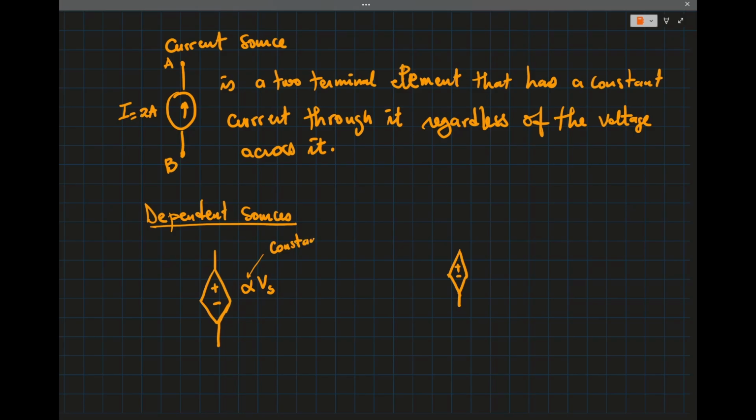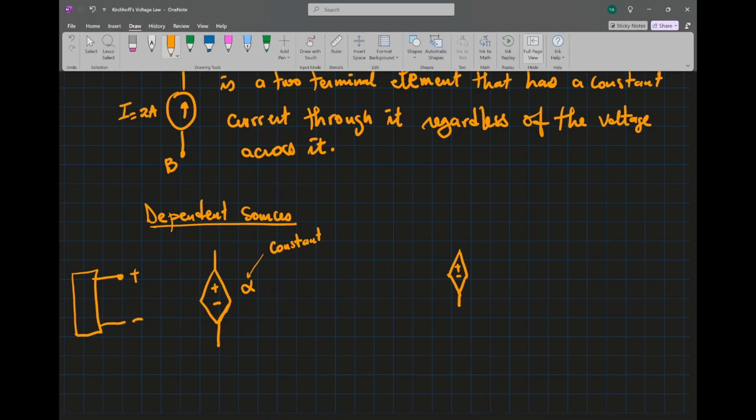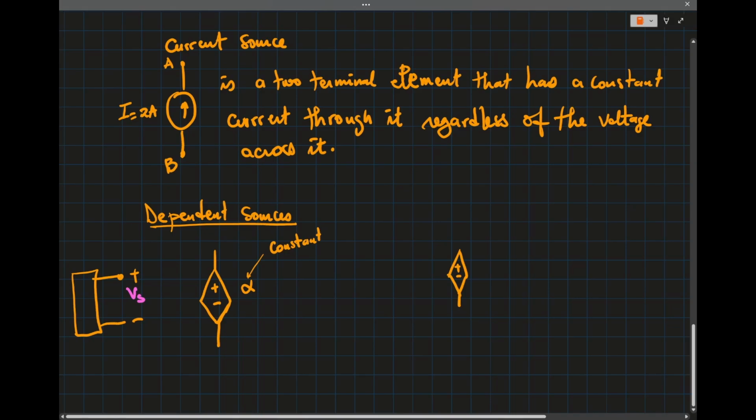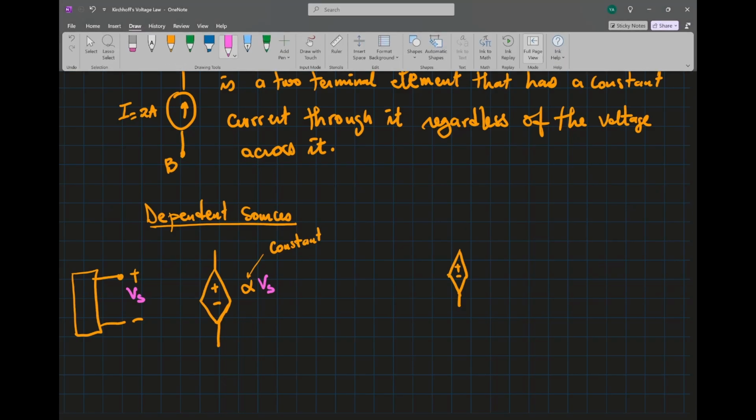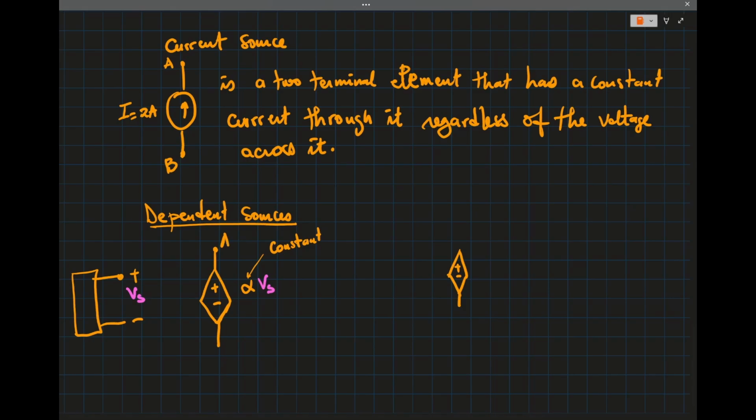So that means somewhere in this circuit, right, we have Vs there. Okay, so then the voltage here, the source, will depend on that Vs. Okay, so if I call this A and B, now let's do the same thing here, A and B.